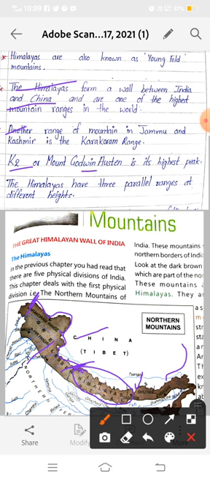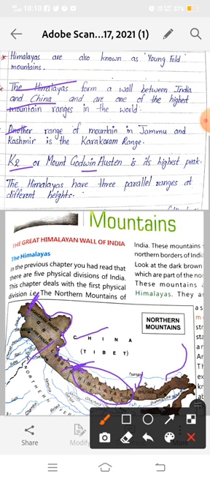And in India, another range of mountains in Jammu and Kashmir is the Karakoram range, and K2 or Mount Godwin Austen is its highest peak.